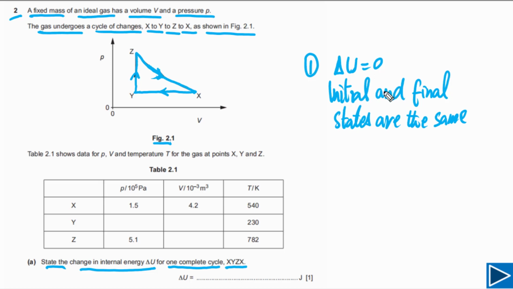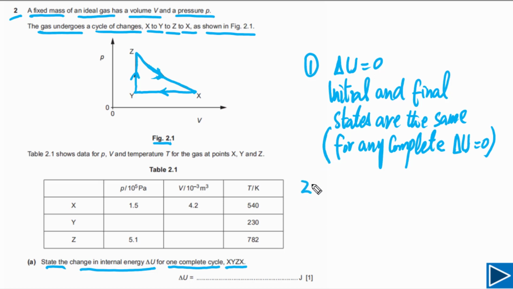In that case, delta U is equal to 0. Or simply we can say for any complete cycle, means if gas undergoes a cycle of changes, delta U is equal to 0. So very important point. Actually, this point you need to answer this question.